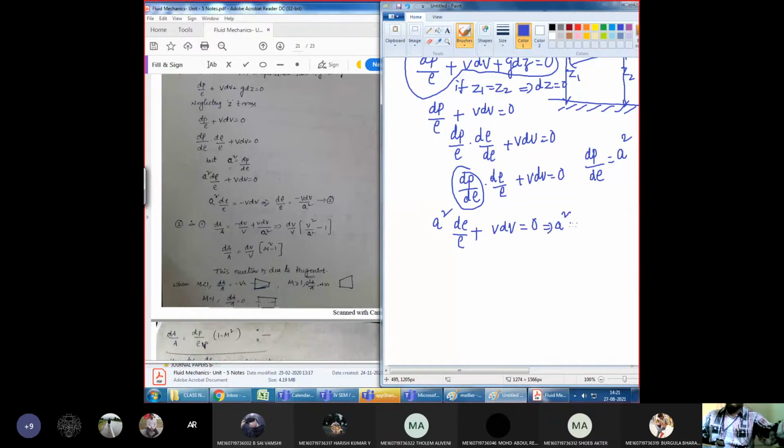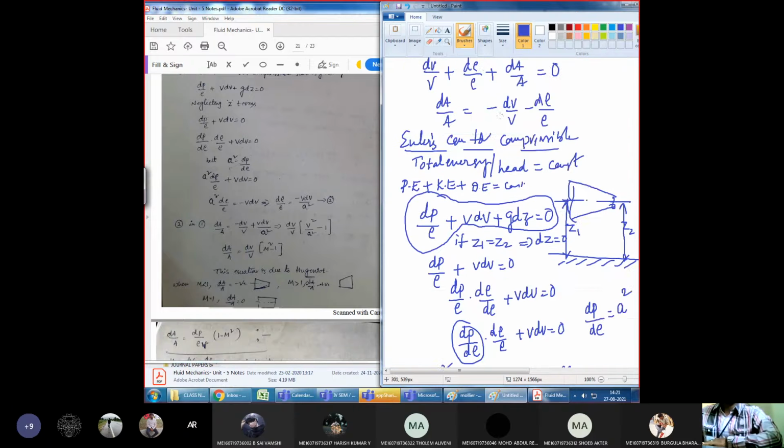From this, a square into d rho by rho is equal to minus v into dv. Now if you simplify further, d rho by rho is equal to minus v by a square into dv.